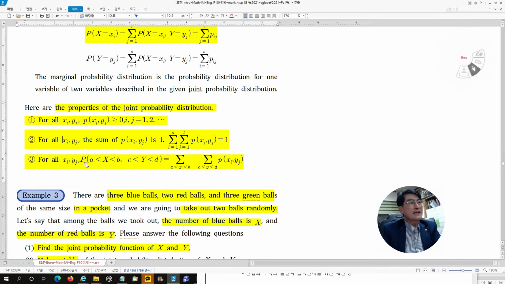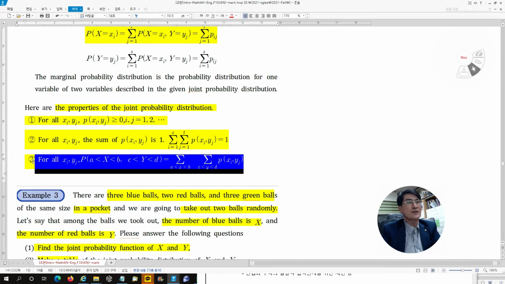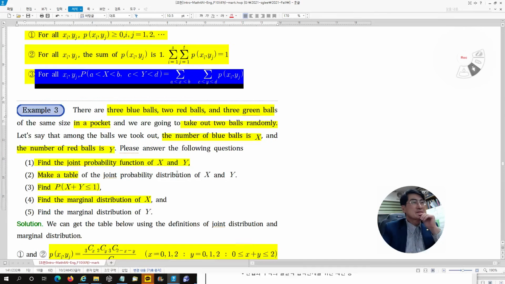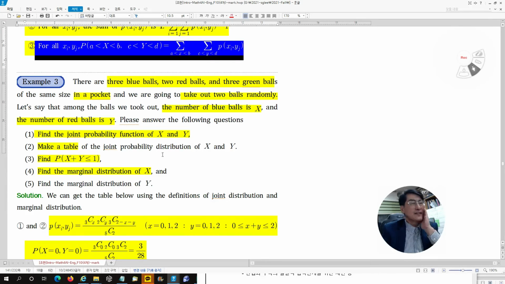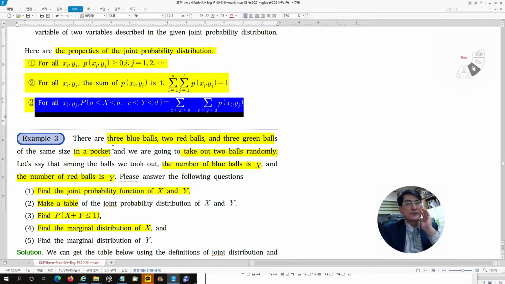And for P of x in the interval ab and y in the interval cd, this is the sum of all p of xi, yj with x in the interval ab and y in the interval cd. These properties can be used for the next example.